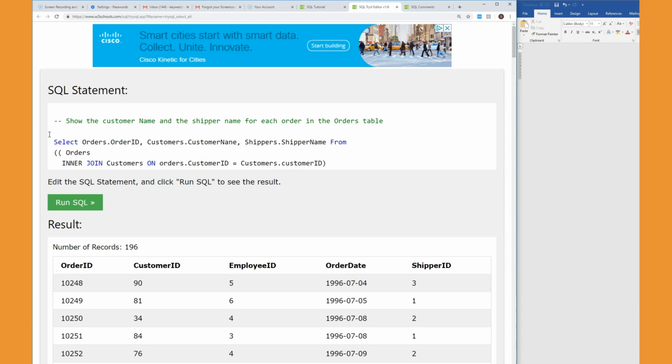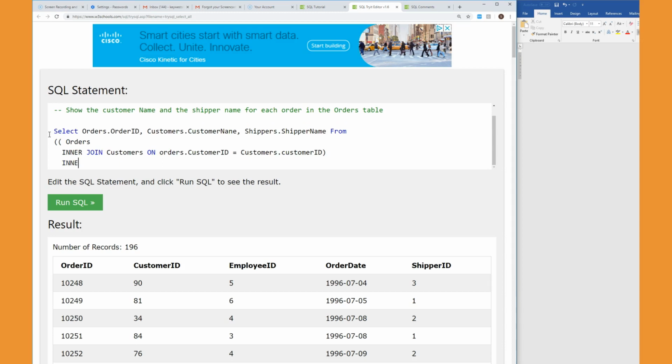Of course, we're going to close the first parentheses, then go into another inner join to join the other table, which happens to be the shipper. If I had started with the shippers, then the customers would be second. The same thing: orders has the shipper ID, and that has to be linked with the one table, the shipper, with its primary key, the shipper ID.